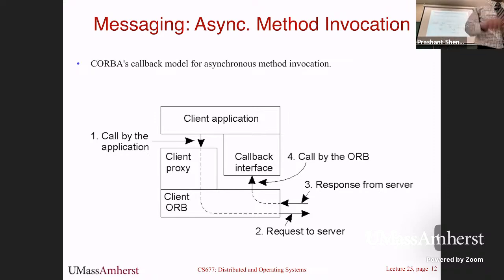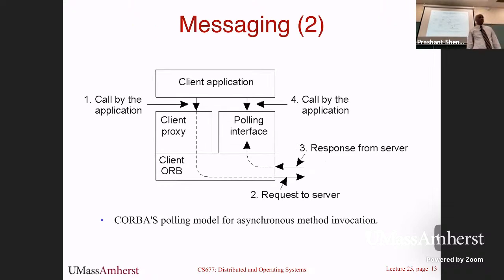That's one approach. The other approach is polling, where the client again is using an asynchronous RPC. It made a request to the server and it continued execution. But periodically it's going to check, has my reply come? So you're going to use the polling interface where you'll periodically poll the stub, saying, has the reply arrived? Has the reply arrived?